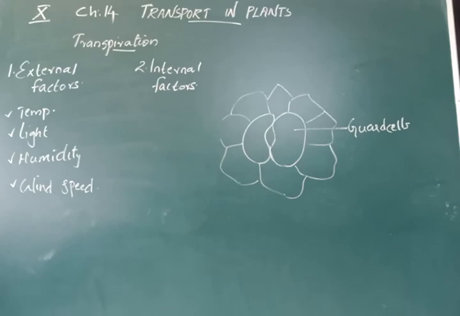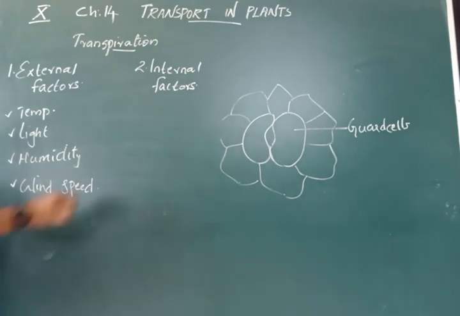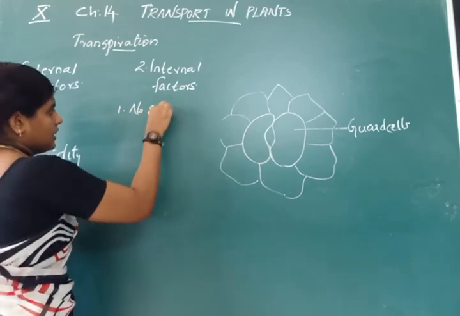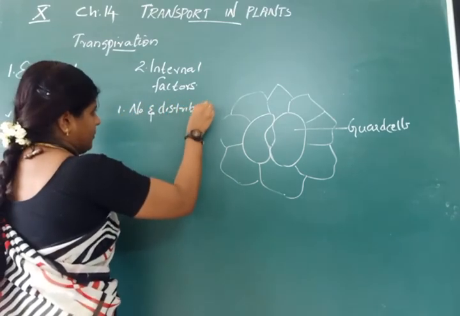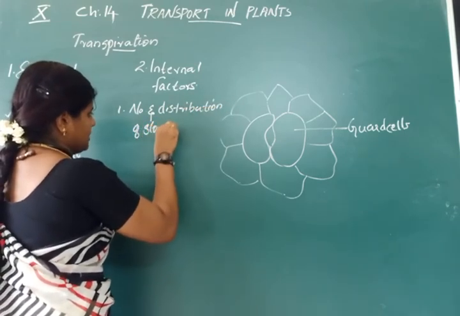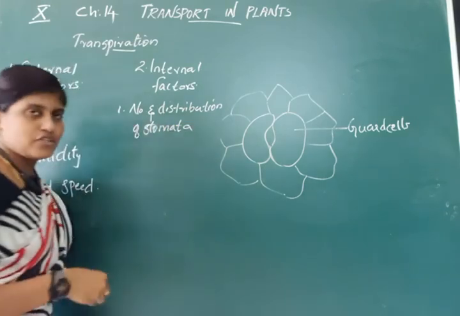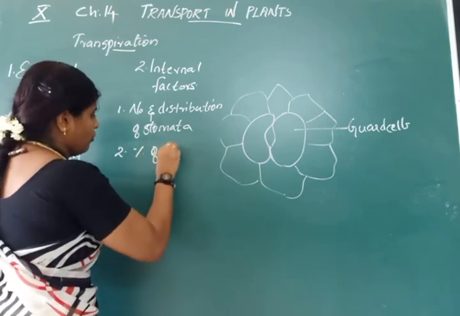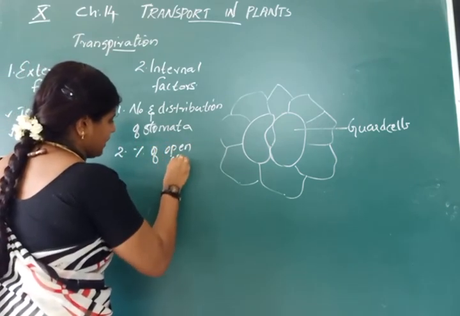Then, what are the internal factors affecting transpiration? Number and distribution of stomata, percentage of open stomata, water status of the plant and canopy structure. First is number and distribution of stomata. Second, percentage of open stomata.